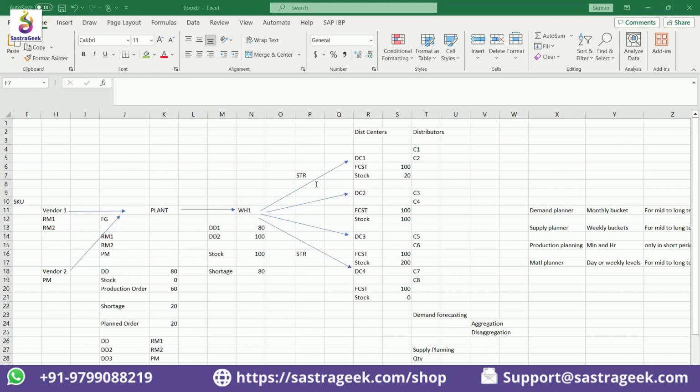For finished goods, demand at warehouse can be dependent demand. For finished goods, demand at plant can also be dependent demand. Whereas demands for components in plants can be also dependent demands. So when you talk about independent demand, dependent demand concepts, you can now relate it, right? If I'm looking at this demand for this material at this specific location, whether I should call it independent or dependent.